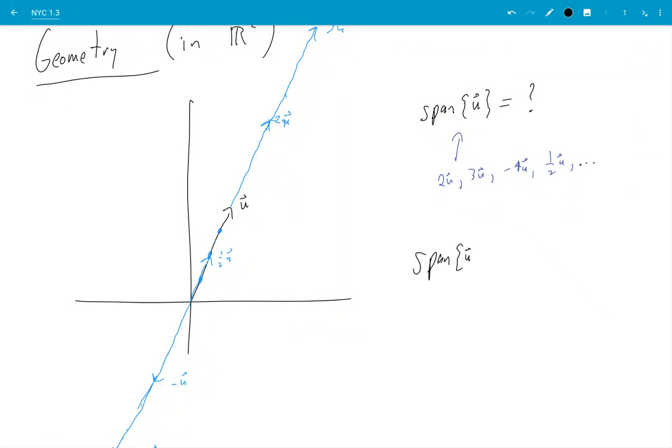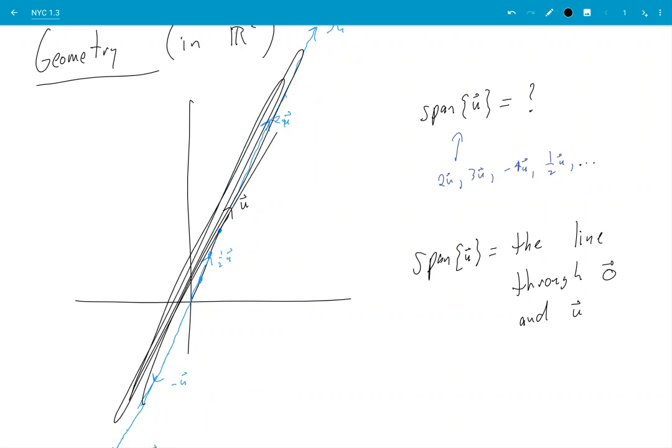Span of u is equal to the line through the origin, 0 vector, through 0 and u. Okay, so you get this whole line here. Not so thick, but you can get the idea.